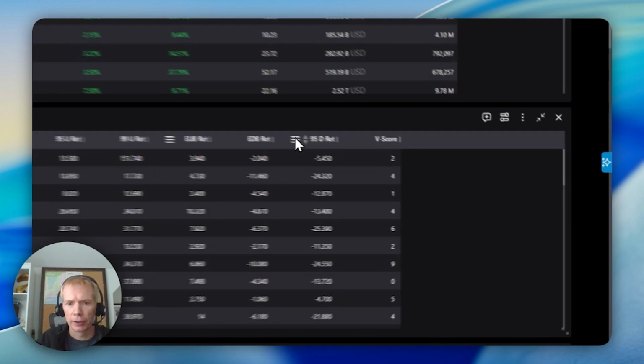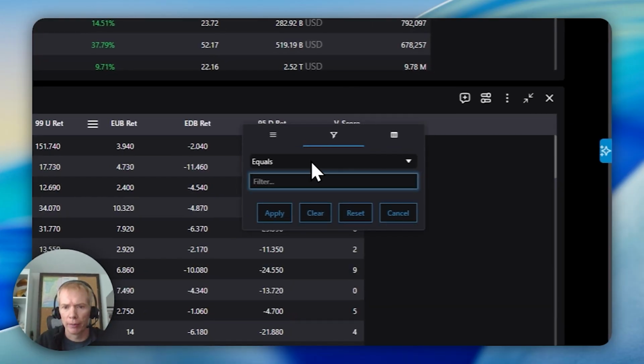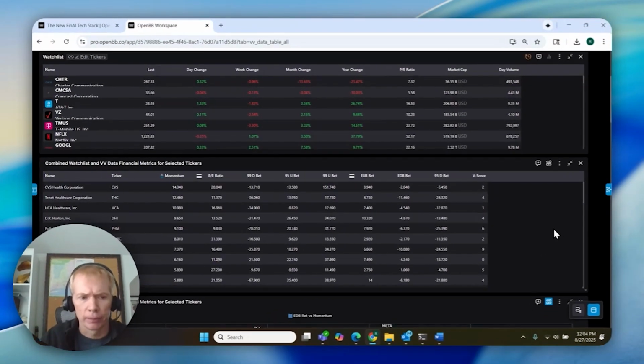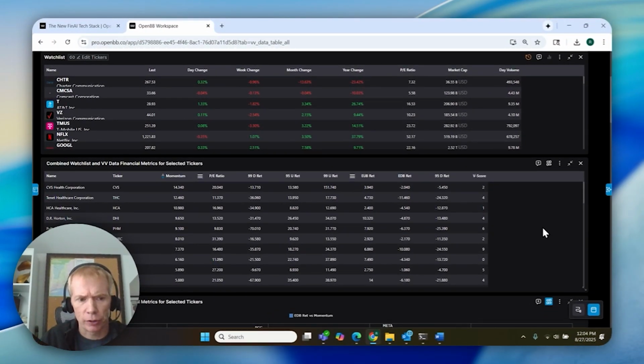And we can filter this if we wanted to, column by column, equals, does not equal, greater than, less than, etc. But before we set a filter, lots of times it's nice to explore what the data looks like, and a great way to do that is via scatter charts.